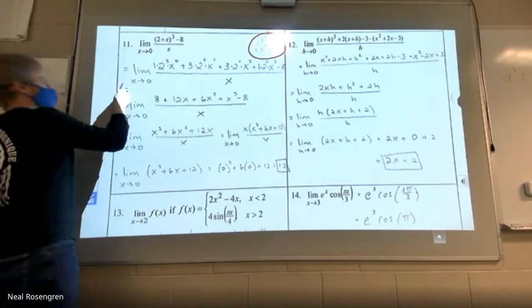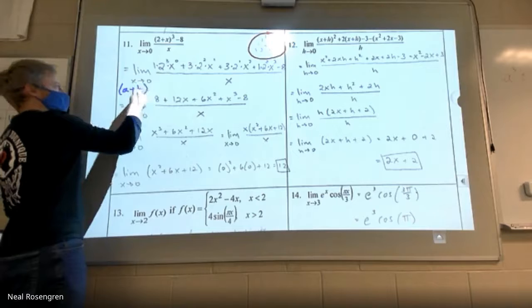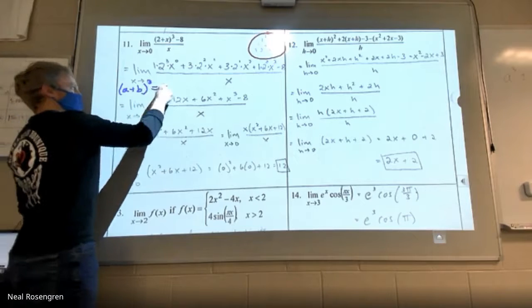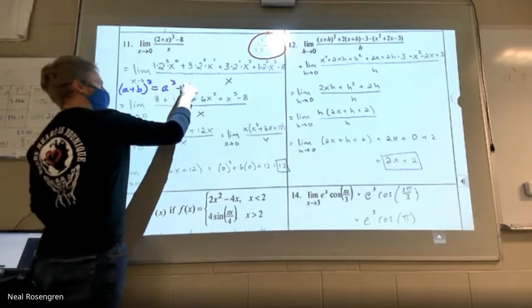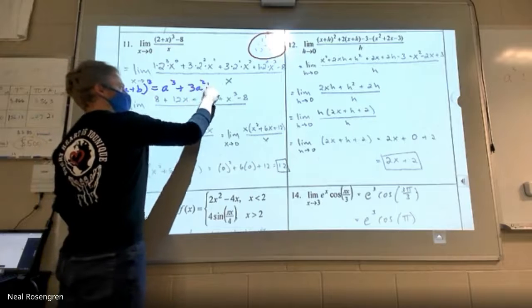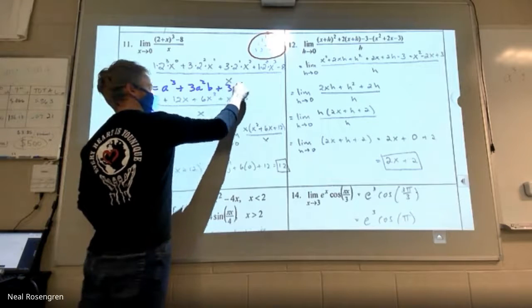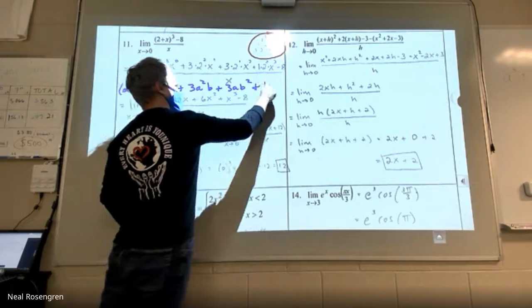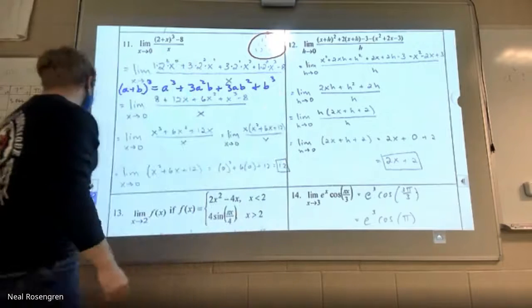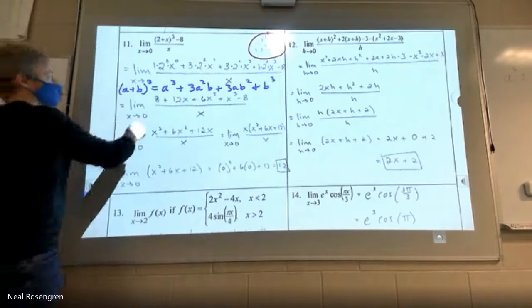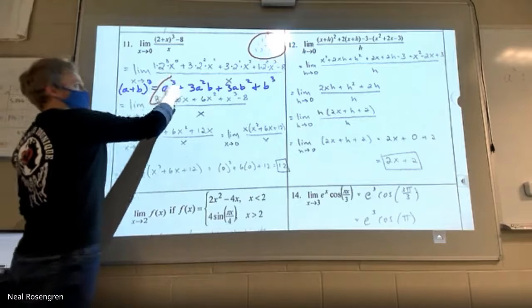The expansion of a plus b cubed is a cubed plus 3a squared b plus 3ab squared plus b cubed. There's 2 cubed.